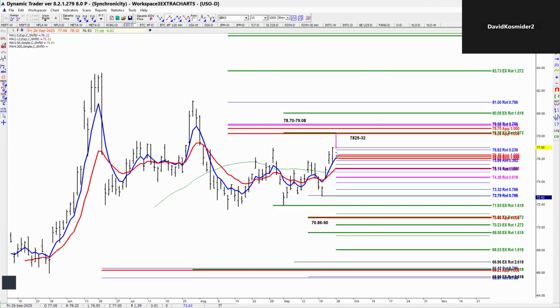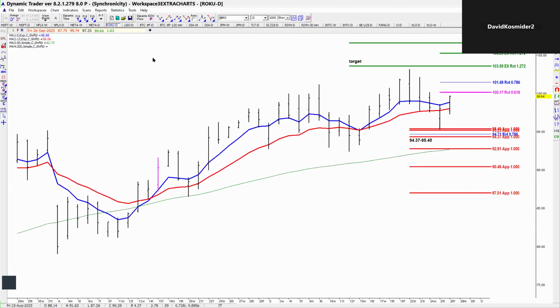And then again, we see what else might cluster with these other areas. So one of the clusters is going to be right here, 76.05 to 76.35. That becomes a cluster. Then there's another one down here. We have the 618, 50% and 100%, and so on. So constantly, every time it makes a new high or low, we have to run new levels.